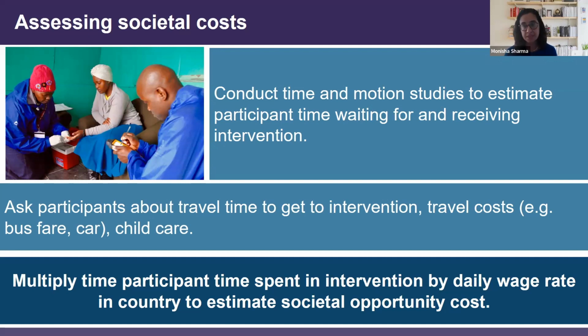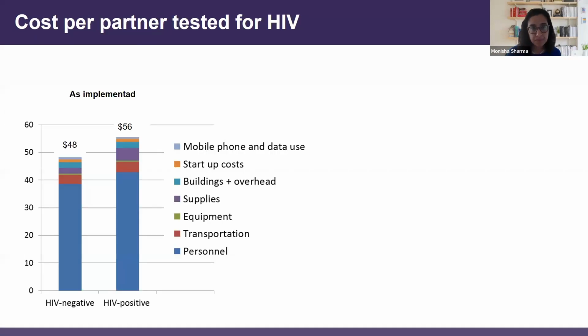And sometimes these can be substantial. People can wait a long time for care in one scenario and much less in another. So even from the payer perspective, the cost could be the same, but looking at it from the participant perspective, it could be quite different. So we combined all this data to estimate the cost per person tested for HIV.